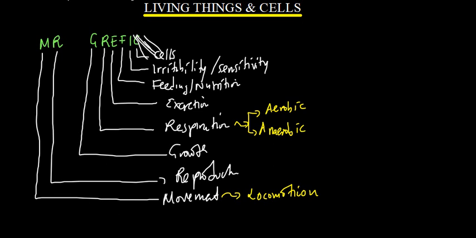Now, what have we said? What is aerobic respiration? Aerobic respiration is the process in which you release energy from the food that you have eaten in the presence of oxygen, so you use oxygen. While anaerobic respiration is where energy is released from the food that we eat without oxygen.